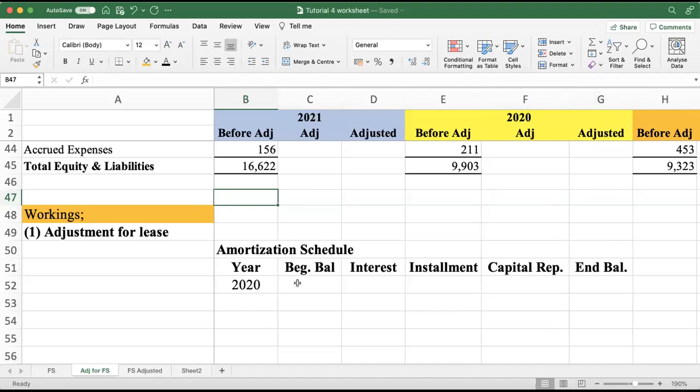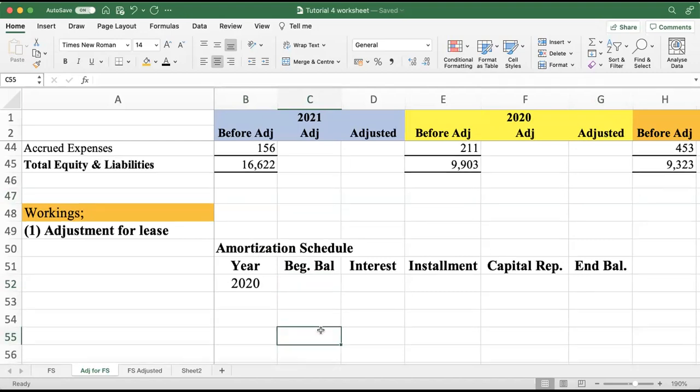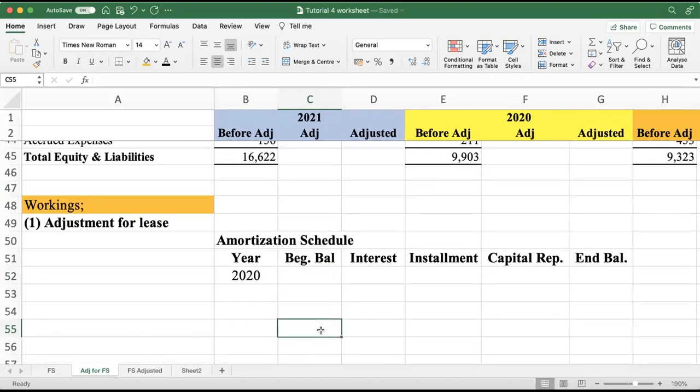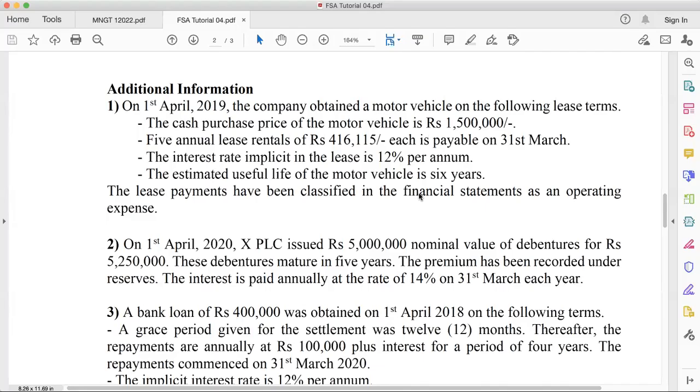Then how much is the beginning balance? Beginning balance equals the present value of lease rental. You see the question? Lease rental is 416,115.